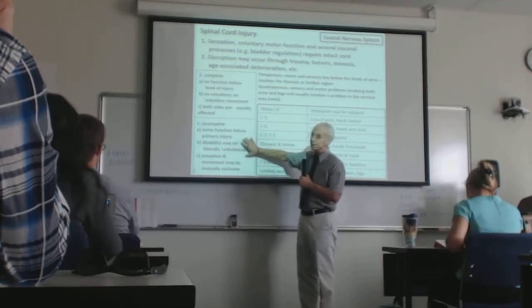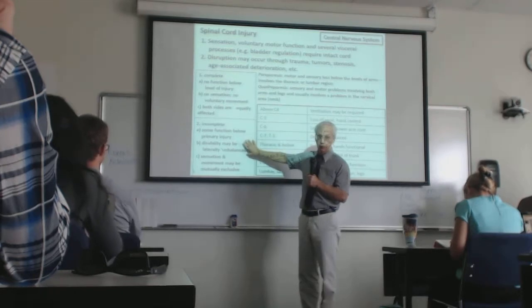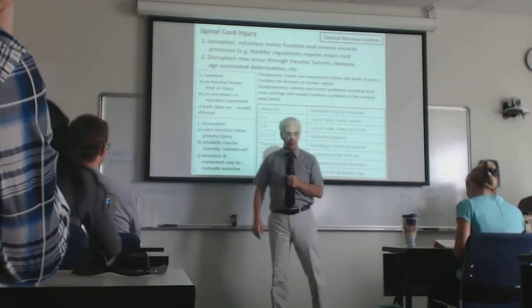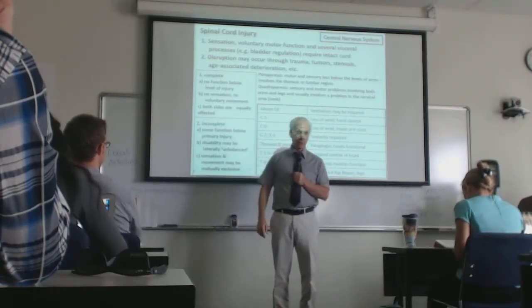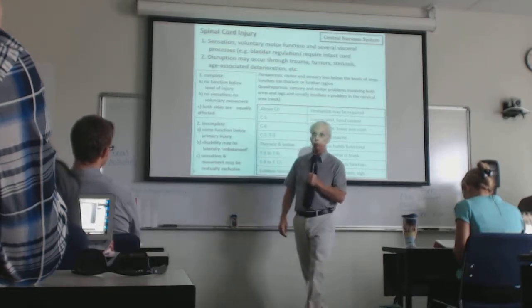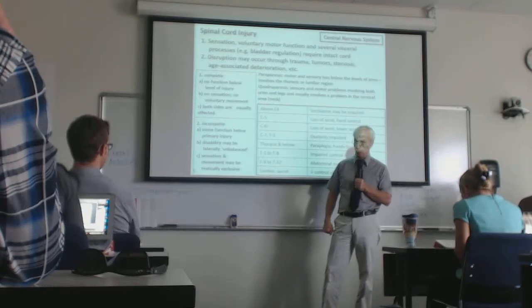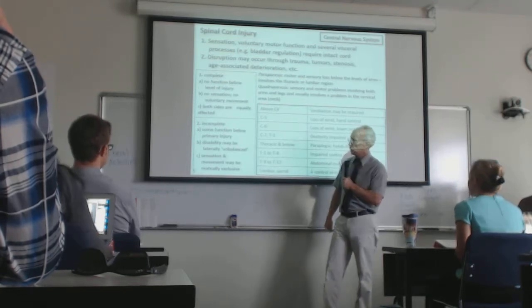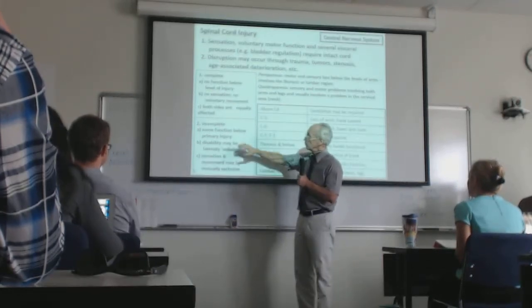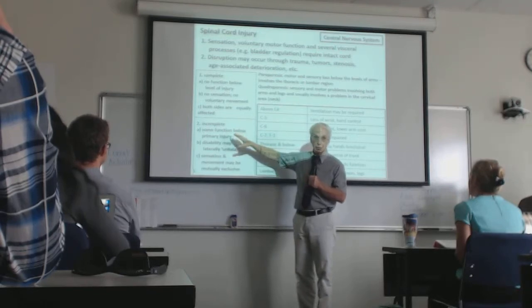But more common are the incomplete spinal cord injuries. And again, part of your burden, I think to a large extent it will be your burden, is to assess the degree of disability, whether it be short-lived or irreversible, associated with the trauma at a given level.